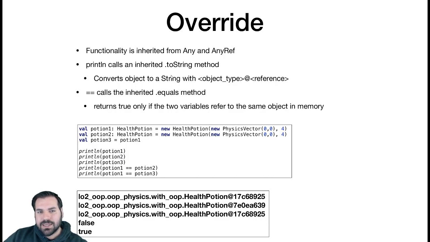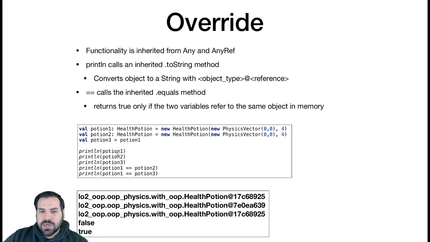So println takes a reference to an object of type Any, so it doesn't matter what we give it. It can take literally anything in Scala, because everything's an object and everything extends Any. So it can take anything, and then it will call the toString method, which it knows exists because it's defined in the Any class, which is inherited by everything.